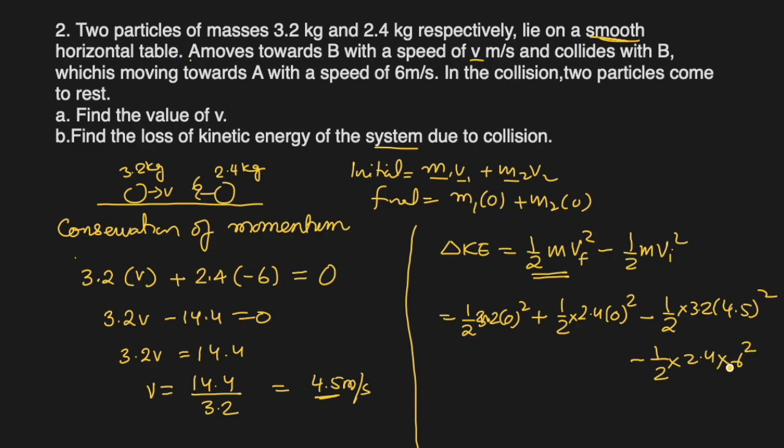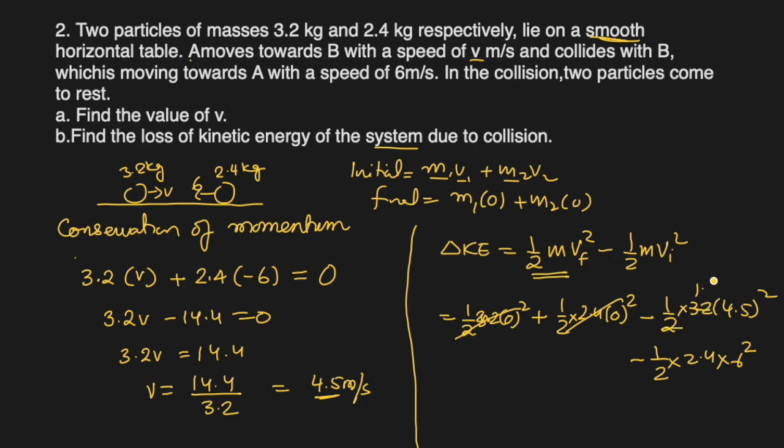In this case we are not going to write it minus 6 square, because even if we write it, the square will make it positive, but energy is not a vector, so we'll write it like this. So this is 0, this is 0. So what we'll get will be the answer from here.